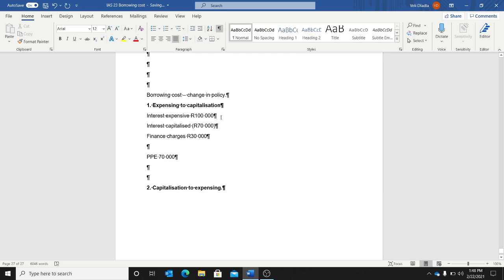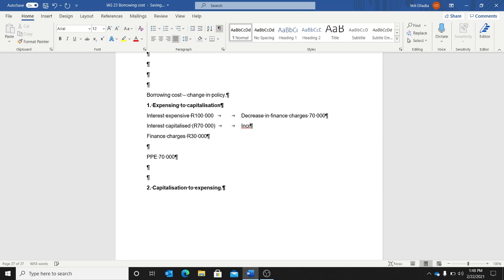Now, what are the changes that we are going to have in your income statement? We're going to have a decrease in finance charges. Some of you can say interest expense of 70,000, because it's going to decrease from here to here. Then if you decrease an expense, the profit will increase and then the tax will increase.